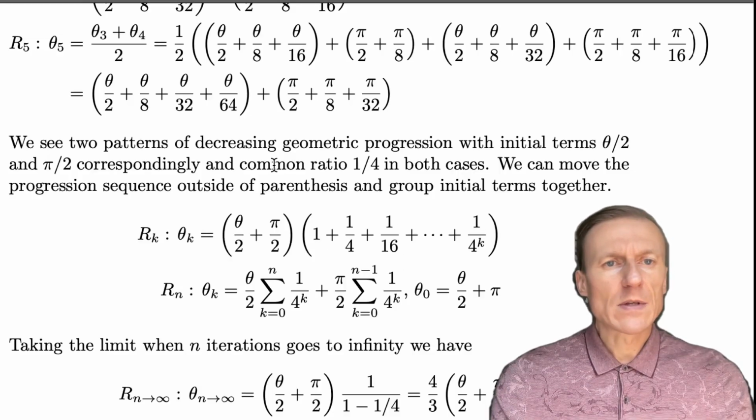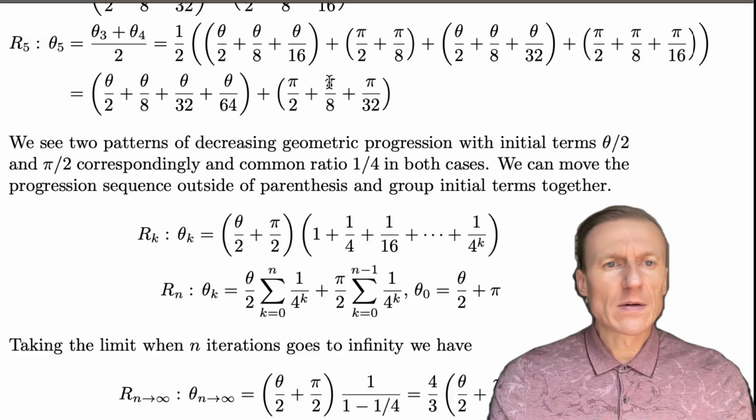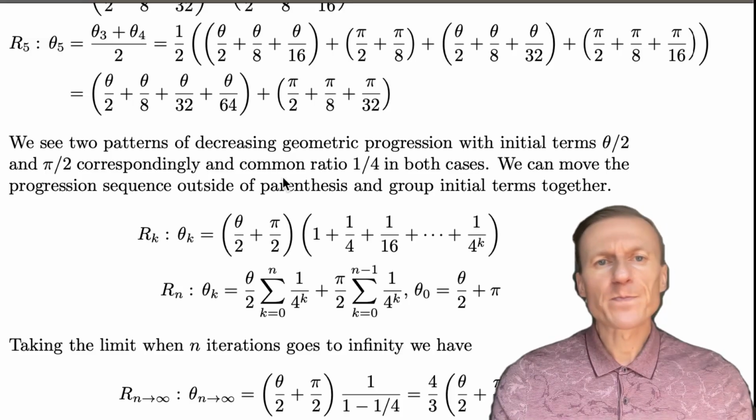So the initial term is theta over 2, and for the second progression the initial term is pi over 2. We move both outside and the remaining progression is the same. Just for the pi term we have one term less than for the theta term, but at infinity it will be negligible.